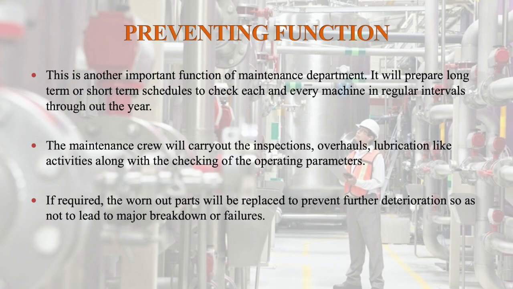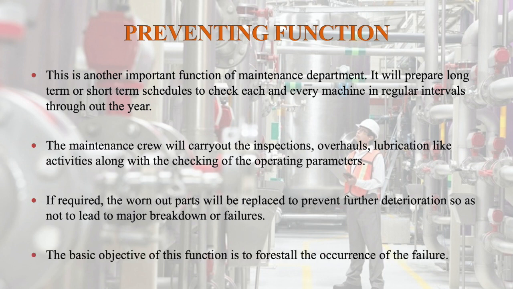Suppose you purchase a vehicle and give it for servicing; that is prevention of failure of that vehicle. That is the preventive function. If required, worn out parts will be replaced to prevent further deterioration, so as not to lead to major breakdowns or failures.